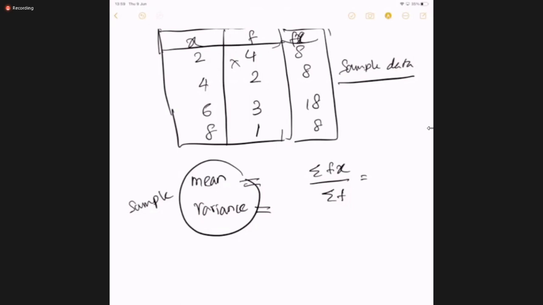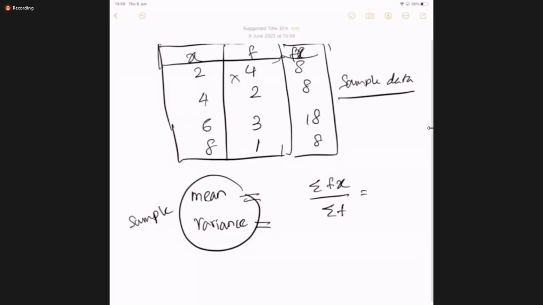And get the summation. What is the summation? 8, 8, 16; 16 plus 18, 34; 34 plus 8, 42. Clear? And what is sigma f? Total frequency: 4 plus 2 plus 3 plus 1, that is 10.